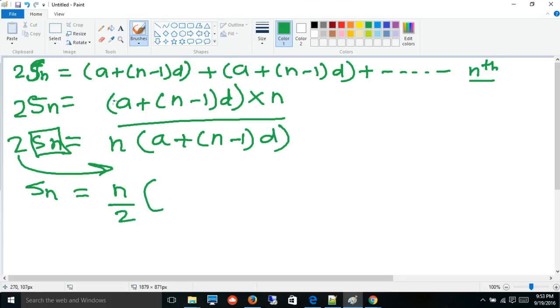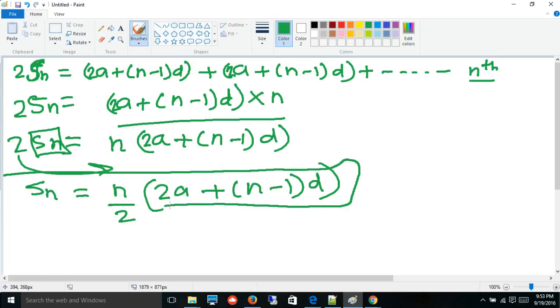Sorry, here we were having 2a everywhere. I'm really sorry. So we will get 2a plus (n minus 1) into d. So this is the formula to calculate the sum of an arithmetic progression.